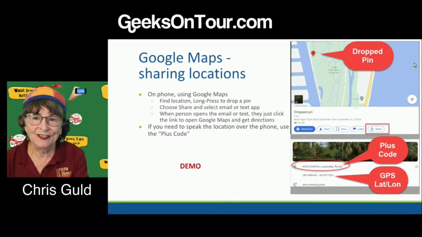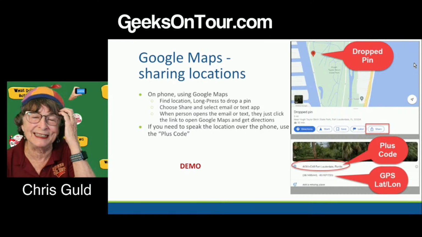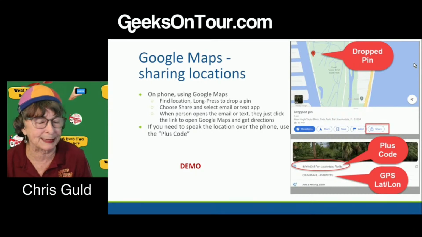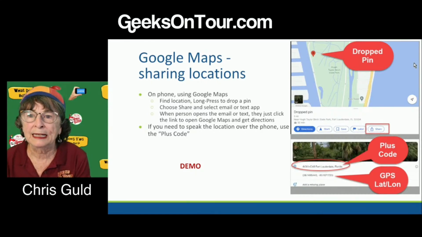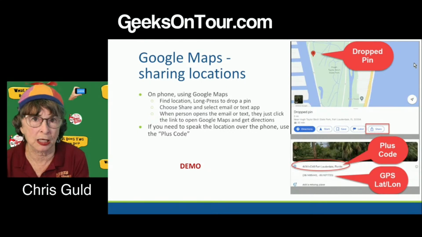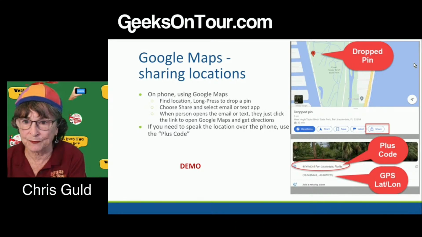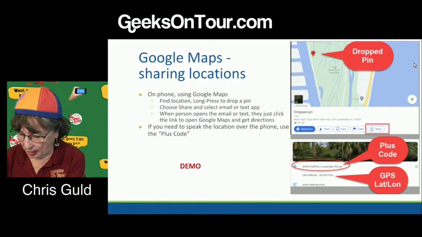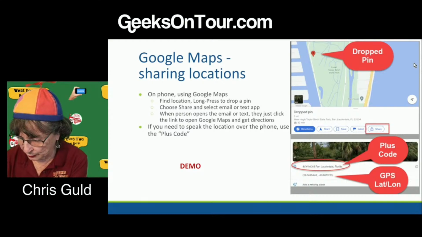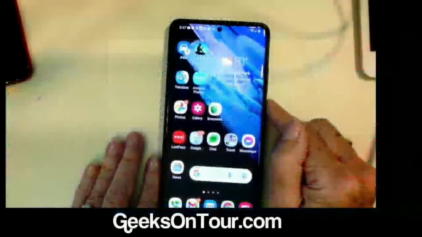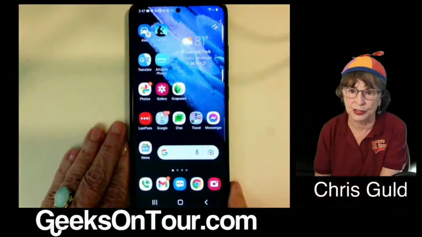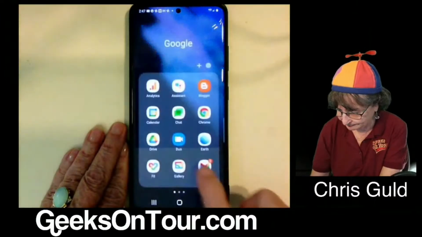I am running a little bit late, but this is a quick and easy one, and we got to do something on maps. Let's say that you're going to have a party in a park and you need to send people directions. I'm going to do it on my Android. It'll be the same thing on an iPhone as long as you're using Google Maps.